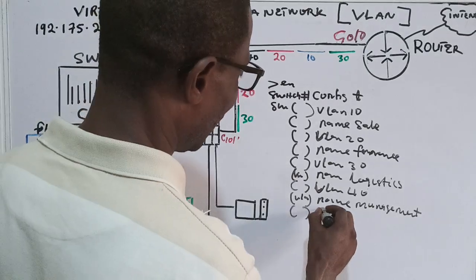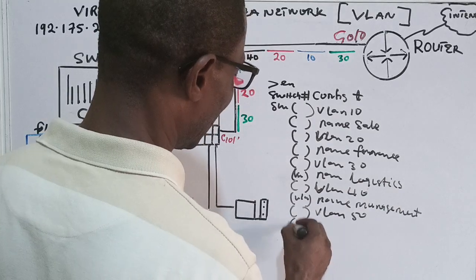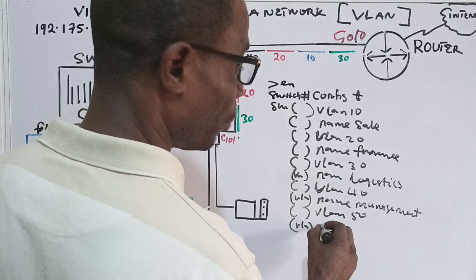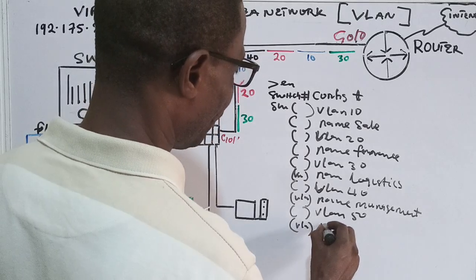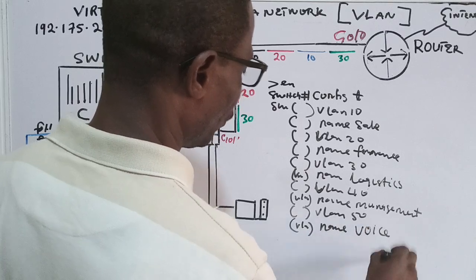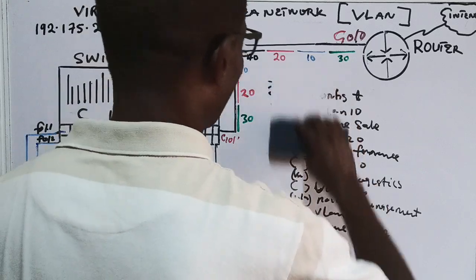You put VLAN 50. Let's say that voice VLAN is VLAN 50. You hit enter, you're in VLAN mode, you put name, and you name it voice. You hit enter.